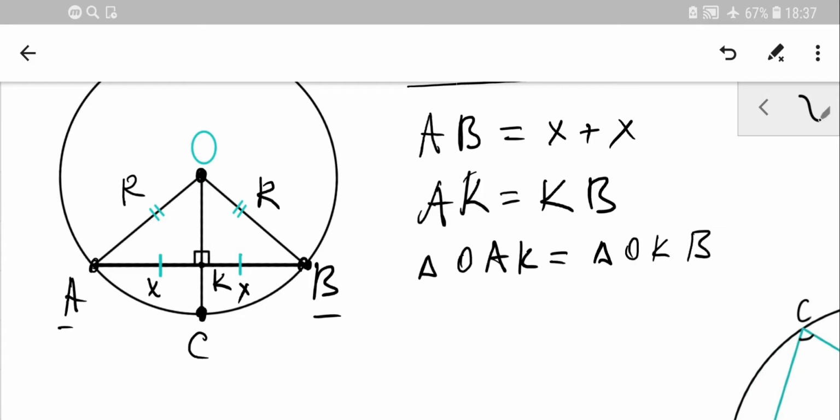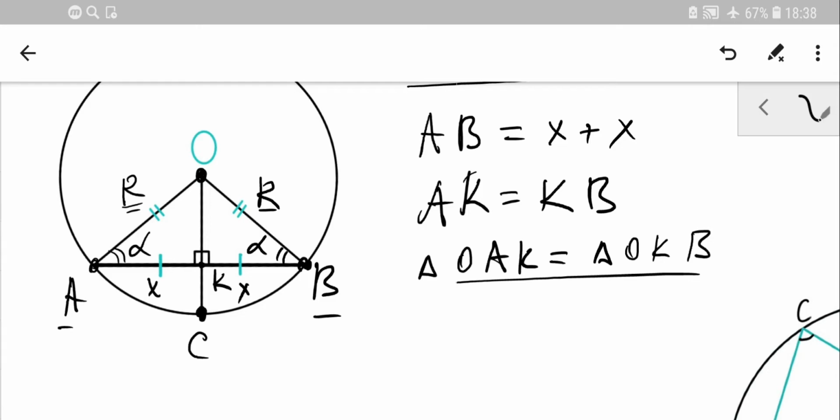Why? Because the 2 radii are equal. That's also the height, that's a 90 degrees angle. And we have an isosceles triangle, right? So we have an isosceles triangle, so the angles are the same, alpha and alpha. So automatically, you'll get the 2 triangles to be the same.